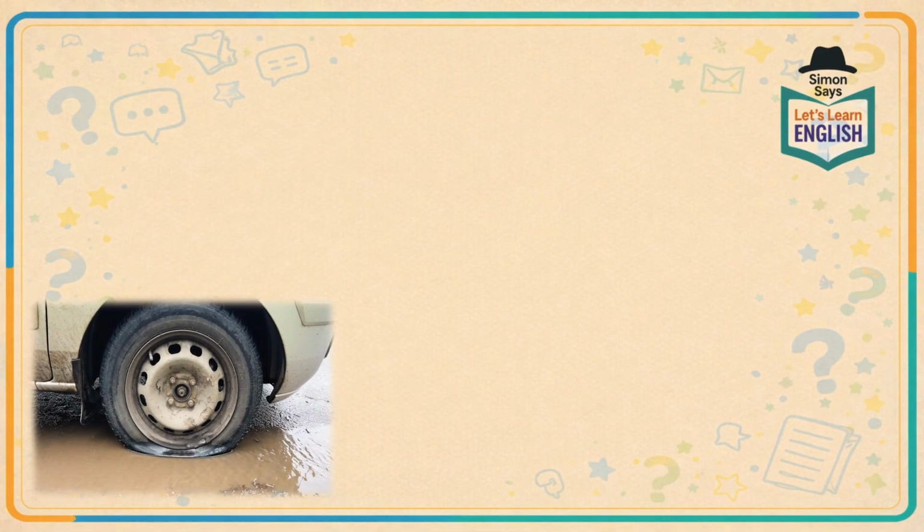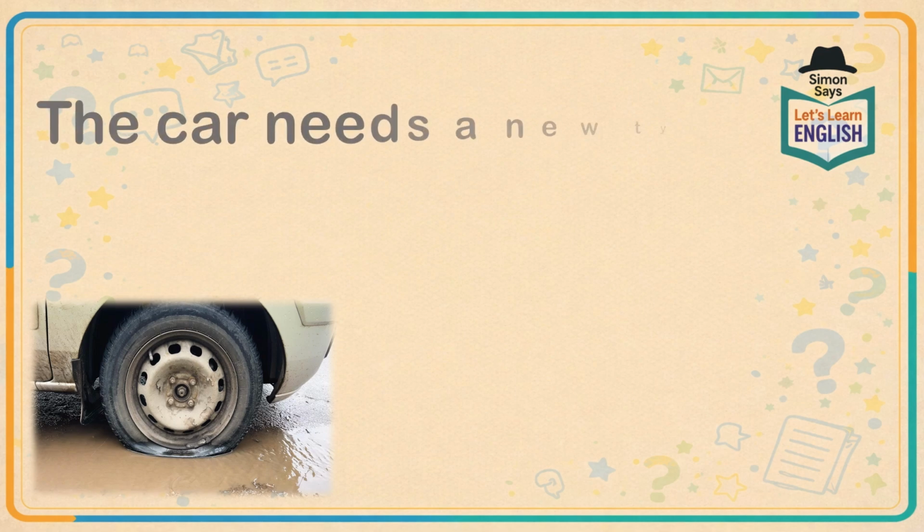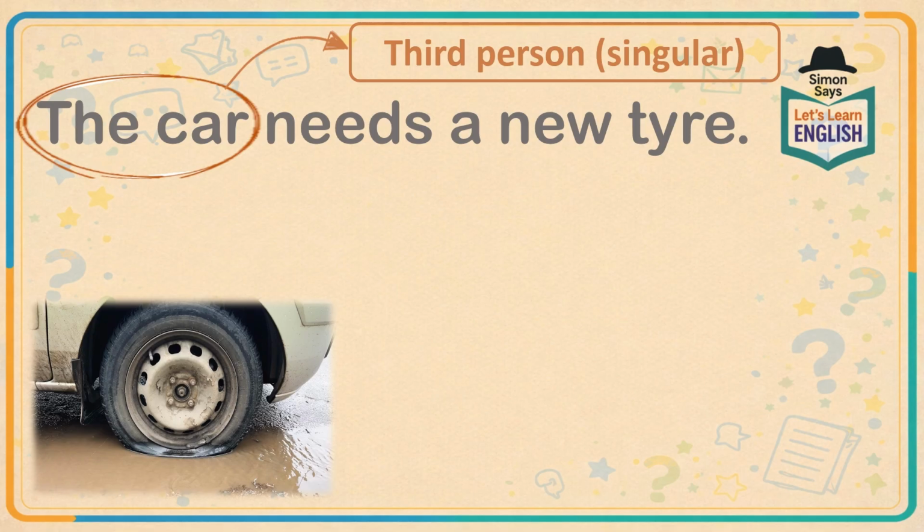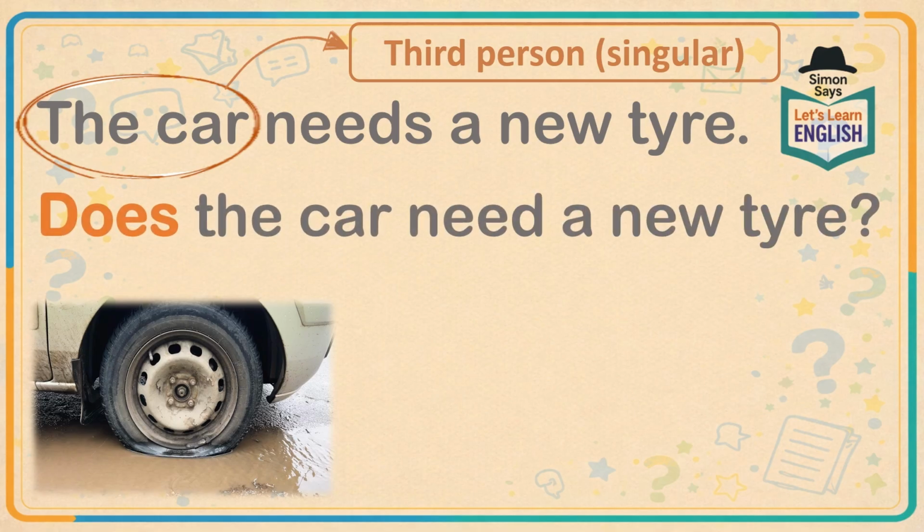Let's take a look at this example. The car needs a new tire. In this example, the car is in the third person singular. So the question becomes, does the car need a new tire?